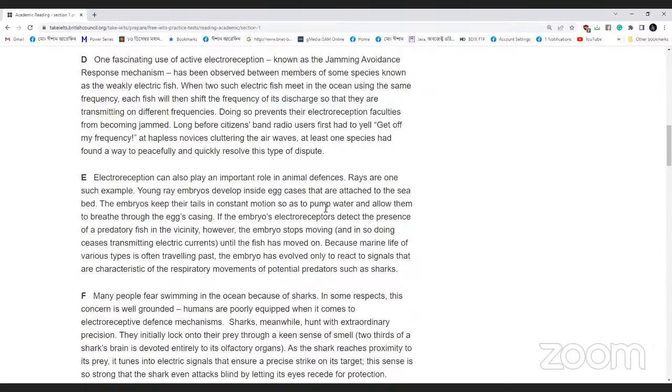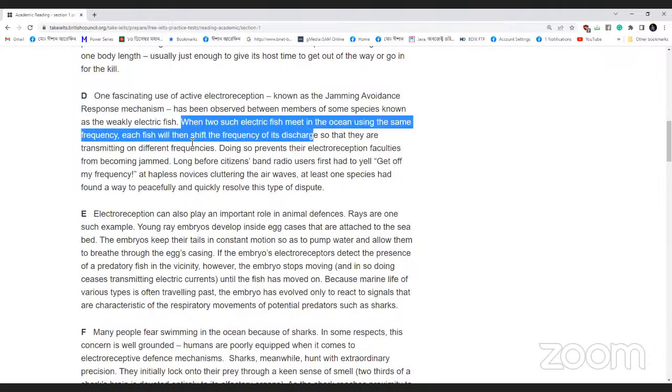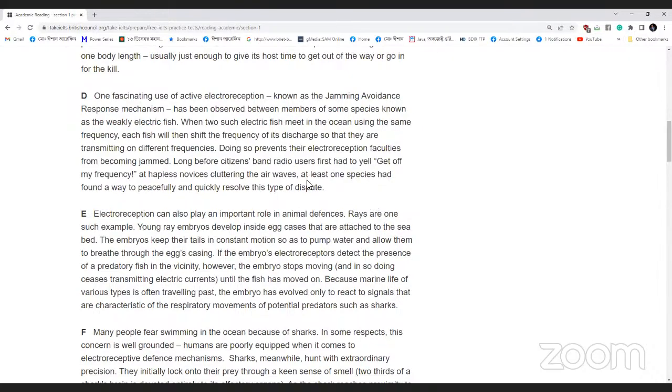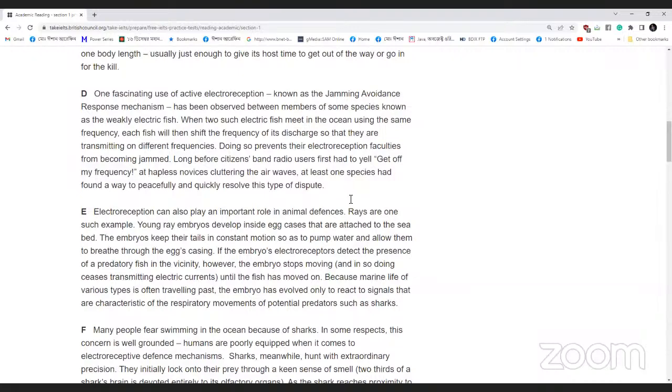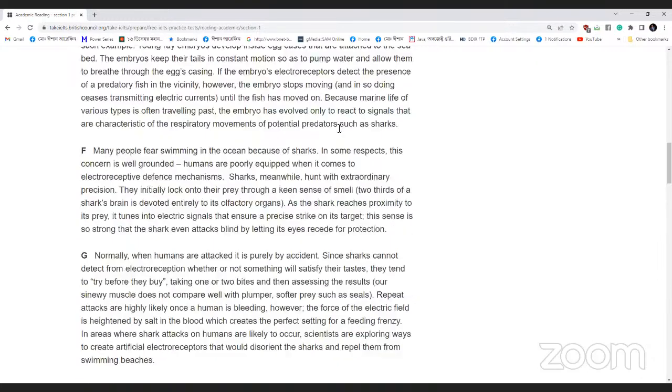In my opinion, the first task is to read the topic sentence of the paragraph, then glide through the other sentences, and then read the conclusive sentence of that paragraph carefully as well. That's the criteria we can follow for skimming through the content of the passage.